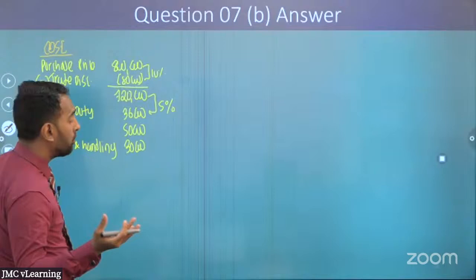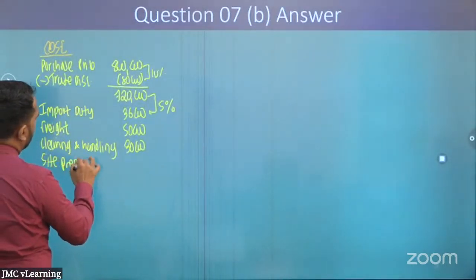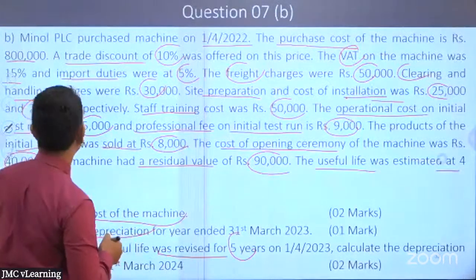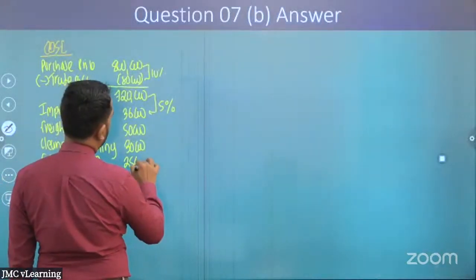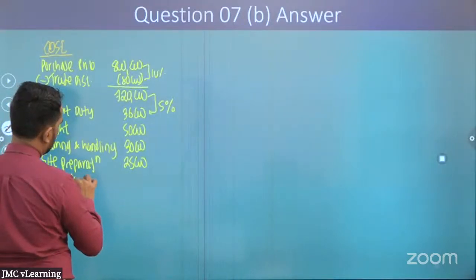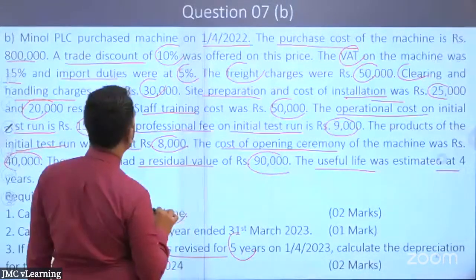Without the site preparation, you cannot use it. Site preparation you have to do. Site preparation cost is 25,000, and without installation you cannot use. Installation is also a must. Installation cost is 20,000.